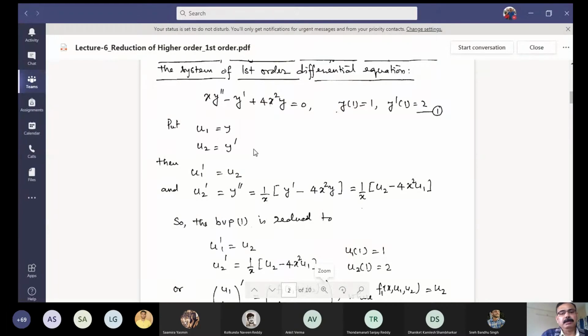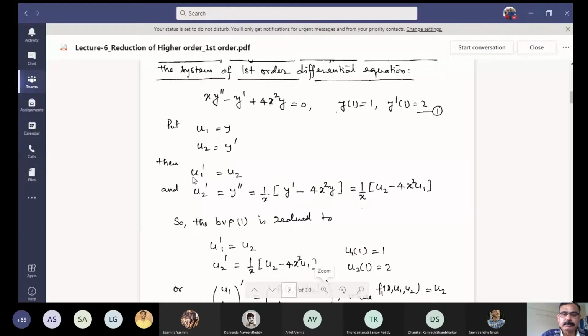Now y is u1 and y prime is u2, so we replace y prime by u2, and 4x square y by 4x square u1.